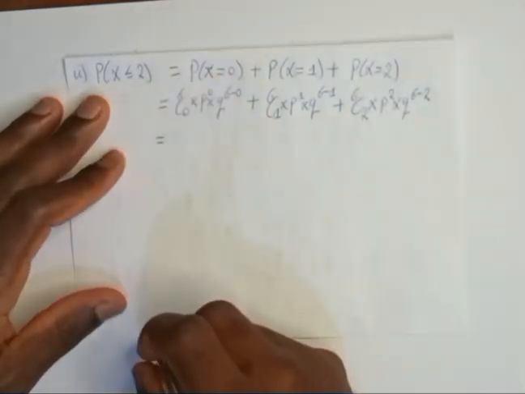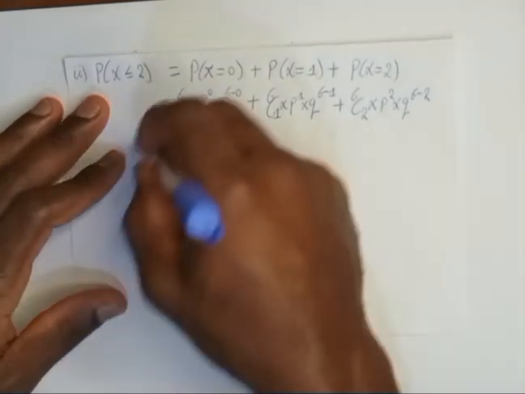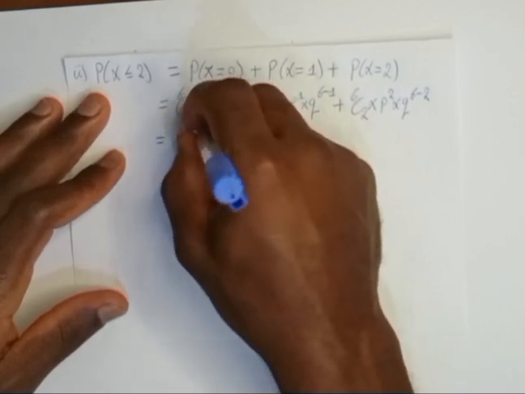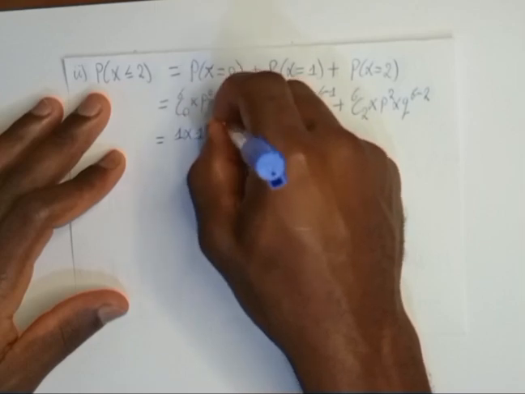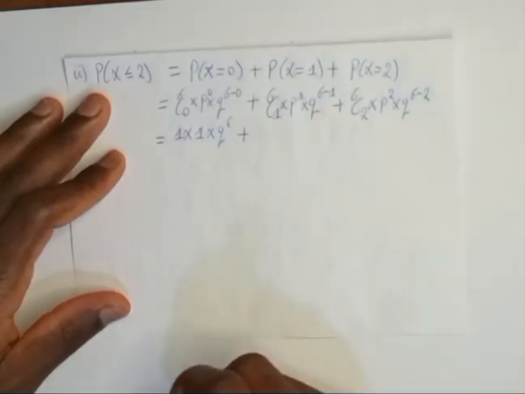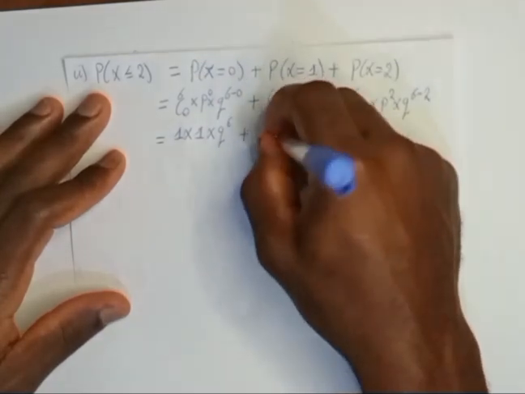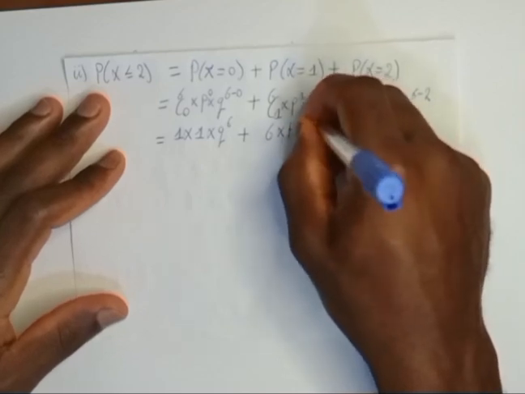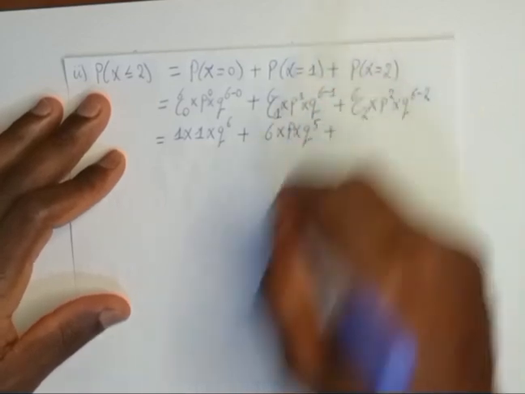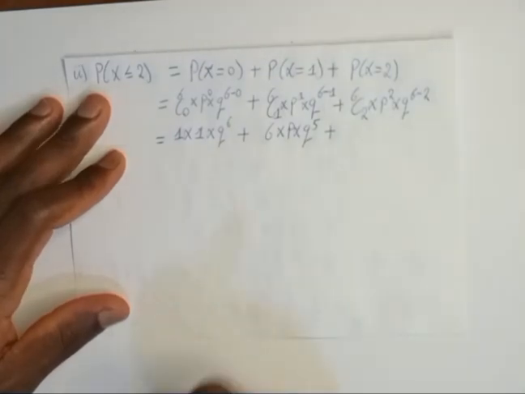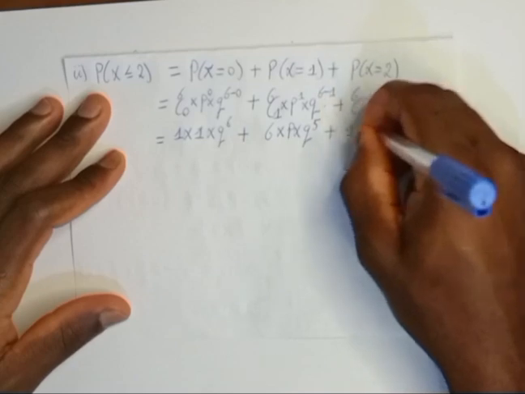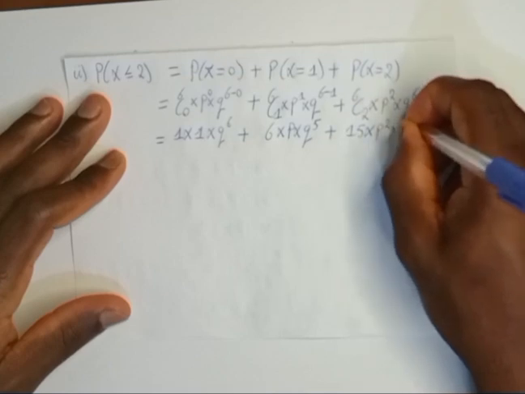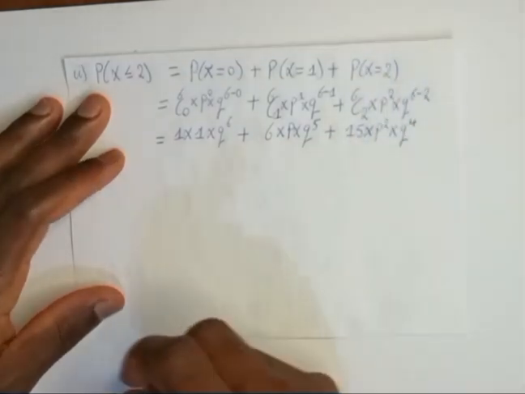This will simply be equal to 6 combination 0, it gives us 1, times p to the power 0, which is 1, times q to the power 6, plus 6 combination 1 gives us 6, times p to the power 1, which is p, times q to the power 6 minus 1, which is 5, plus 6 combination 2 gives us 15, times p squared, times q to the power 6 minus 2, which is 4.